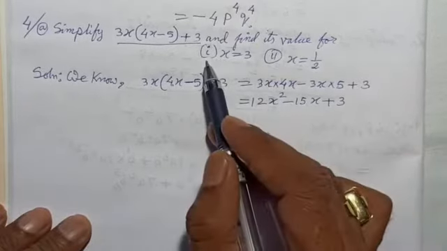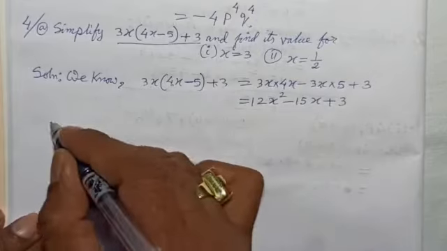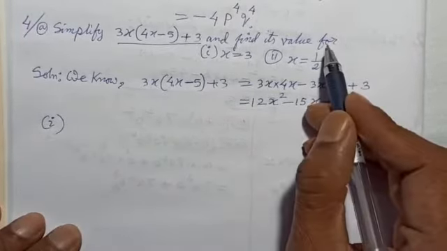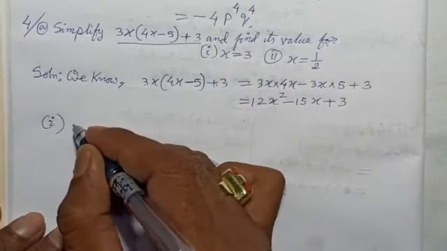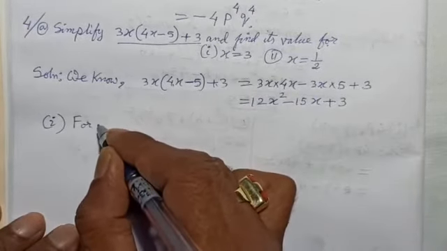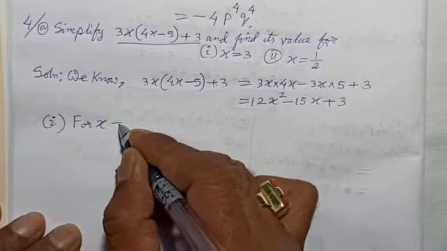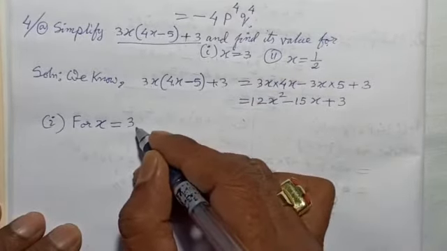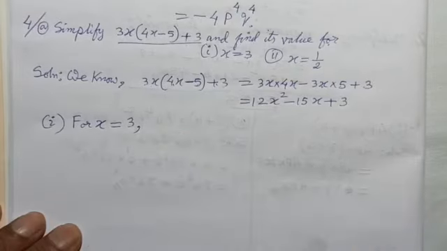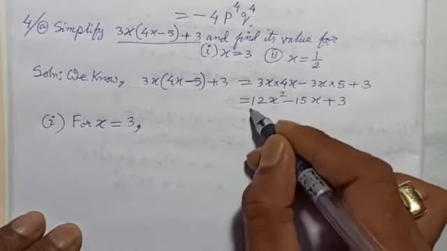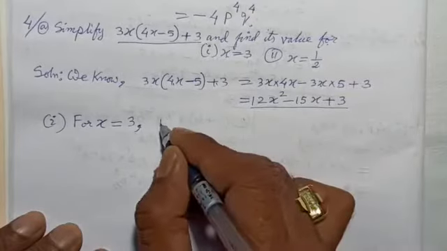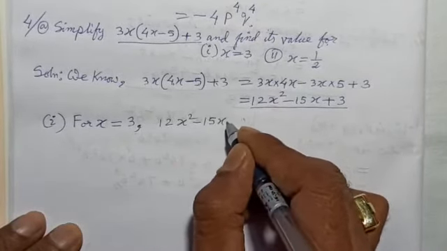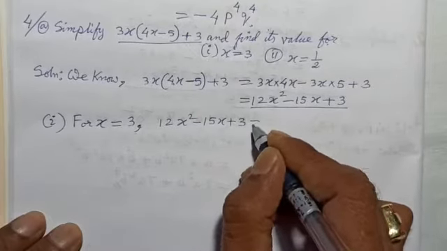Now let's do this Roman number 1. 4x is equal to 3. Then we have to write down this: 12x square minus 15x plus 3 is equal to.